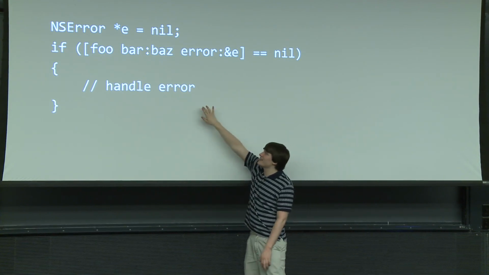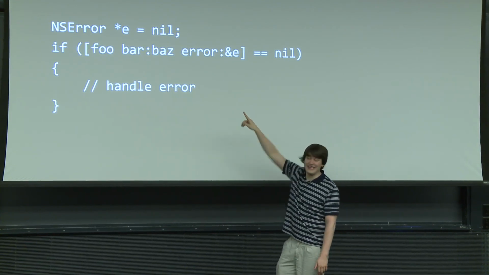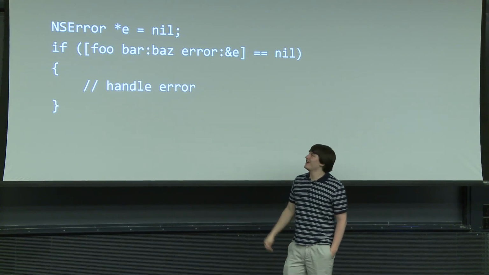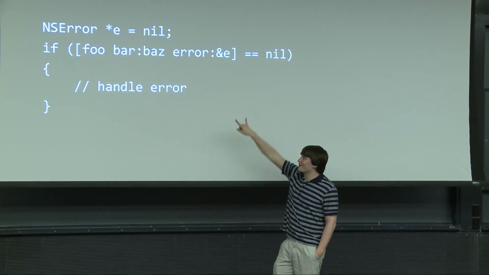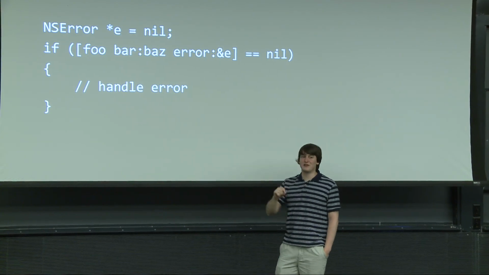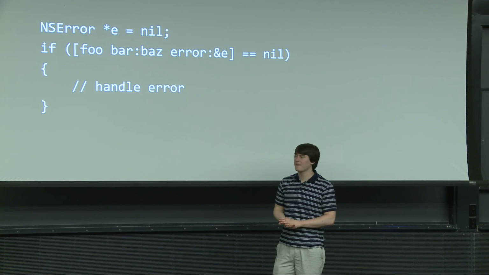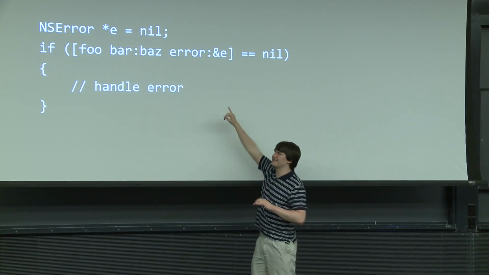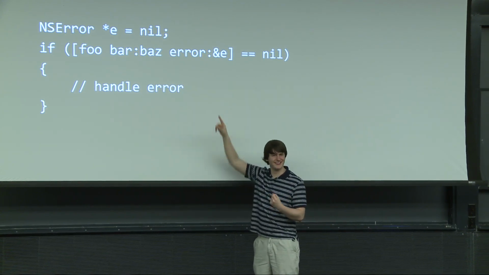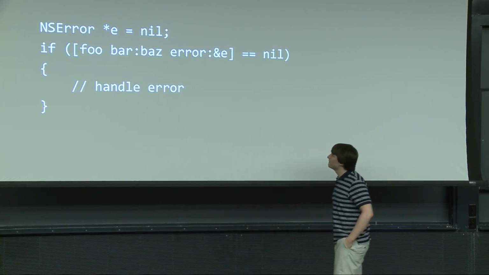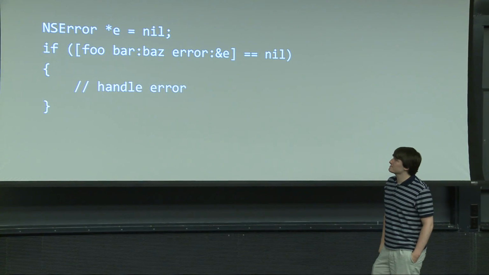So inside of here, if something went wrong, E will not be nil. If we just passed E, then inside of this method, it would have to dereference E, which is something you shouldn't be doing. You should never dereference an object. Plus, if you tried to dereference E, you'd be dereferencing nil. The return value of the whole thing is now the error, so that's why you're comparing it to nil.